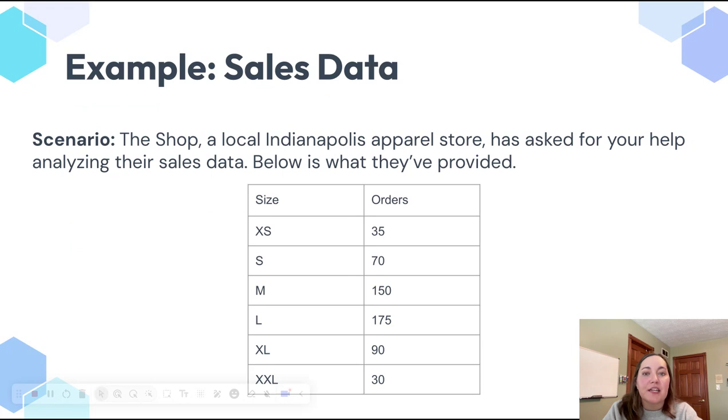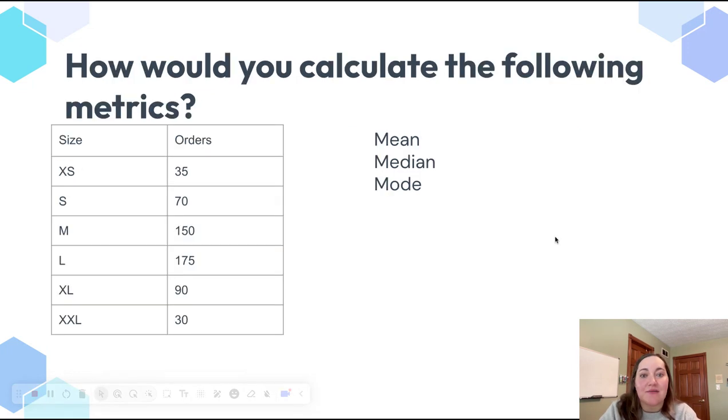So an example here, I did have to change this since I just moved from Kansas City. So change this to the shop. If they've asked you to analyze their sales data, you're not going to start with a forecasting model. You're going to start with, tell me what you've sold recently. So you might get some size options and orders, and you might start analyzing it. So looking at the mean, median, and mode, you might have some decisions here.